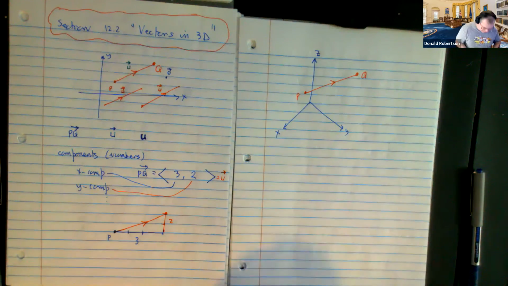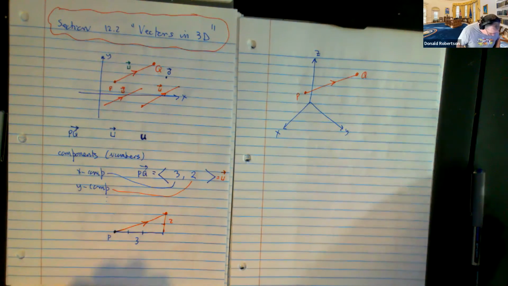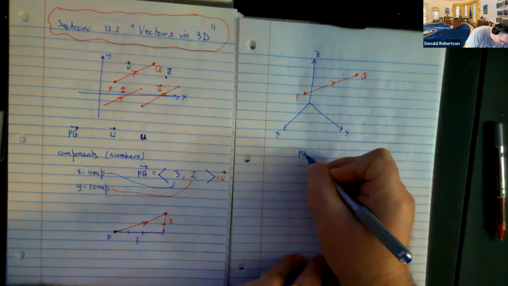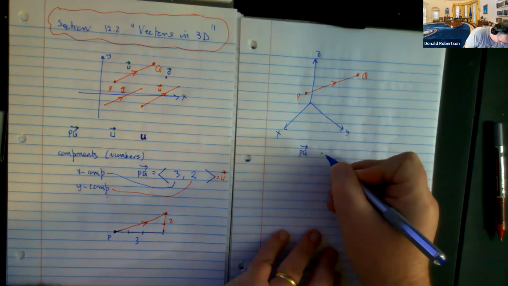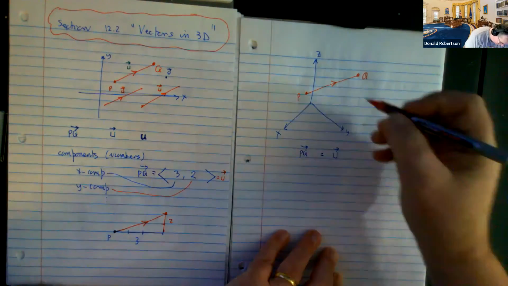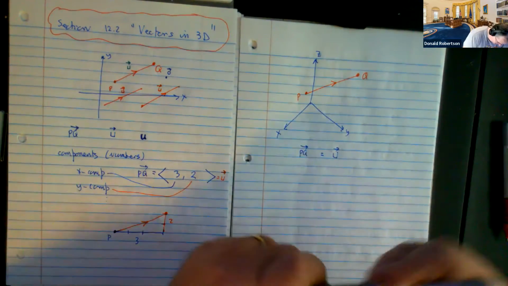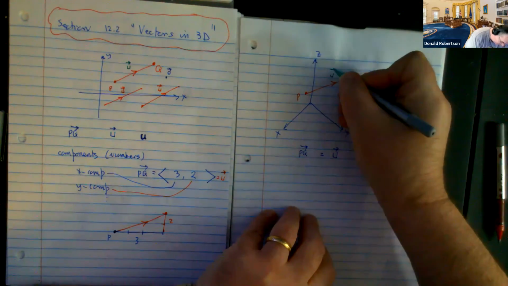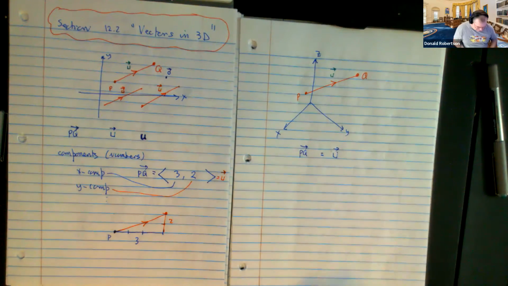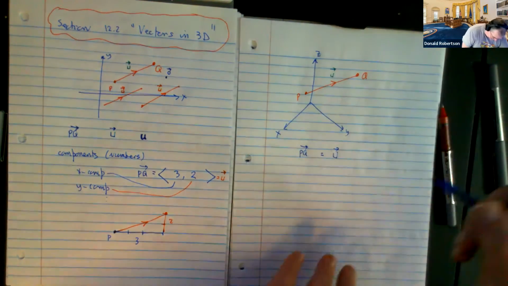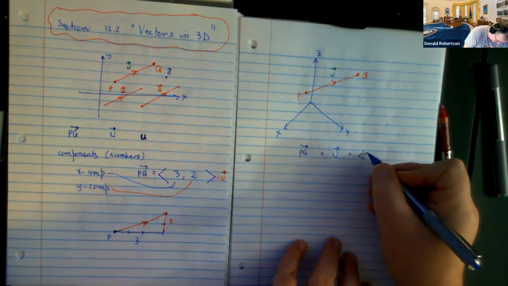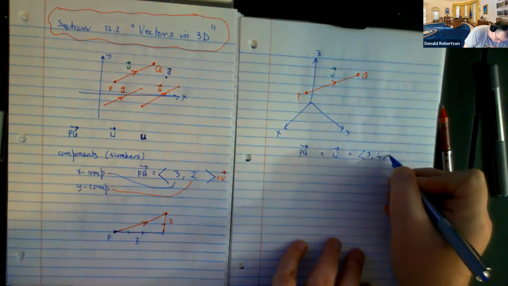It's got 3 components. And when you want to tell people what PQ is, we still use the exact same notation, which is great, right? You don't need to have new letters or symbols. And in this particular case, let's suppose that it is 3, 4, 2.